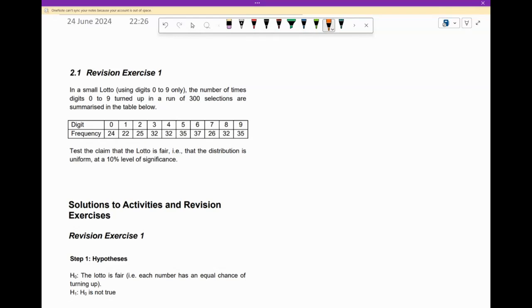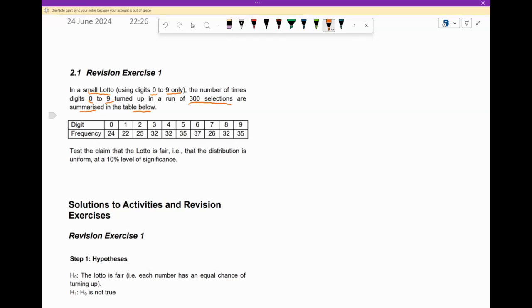It is recording. So here they say, in a small lotto, using digits 0 to 9 only, the number of times digits 0 to 9 turned up in a run of 300 selections are summarized in the table below.